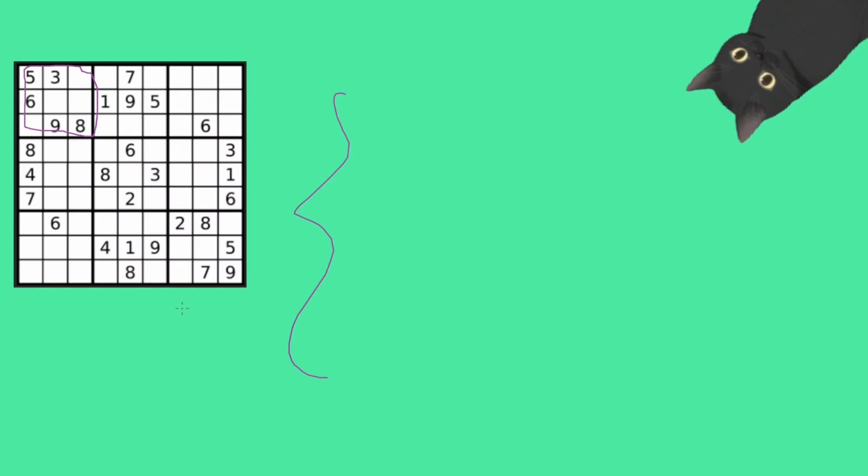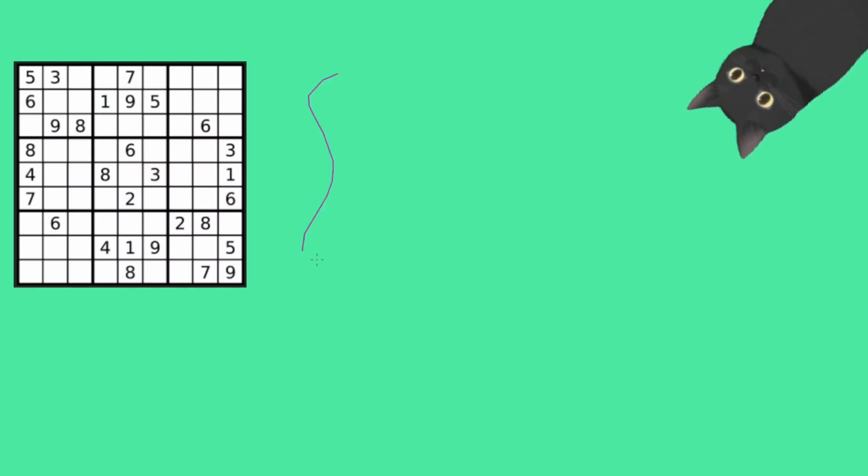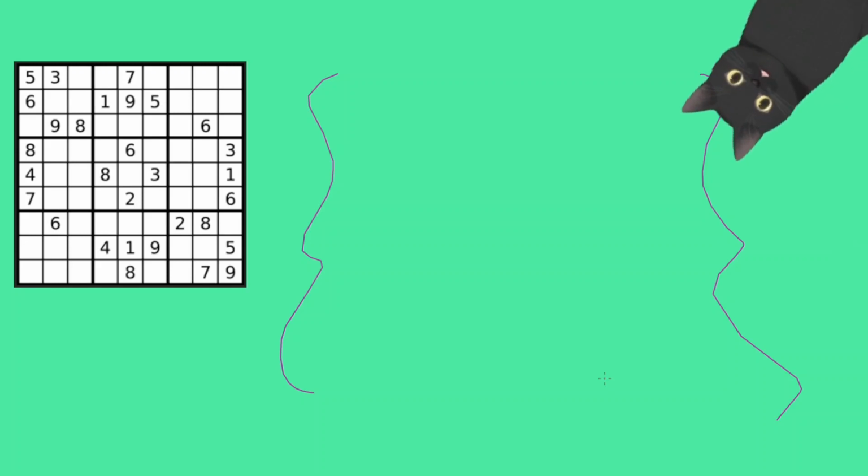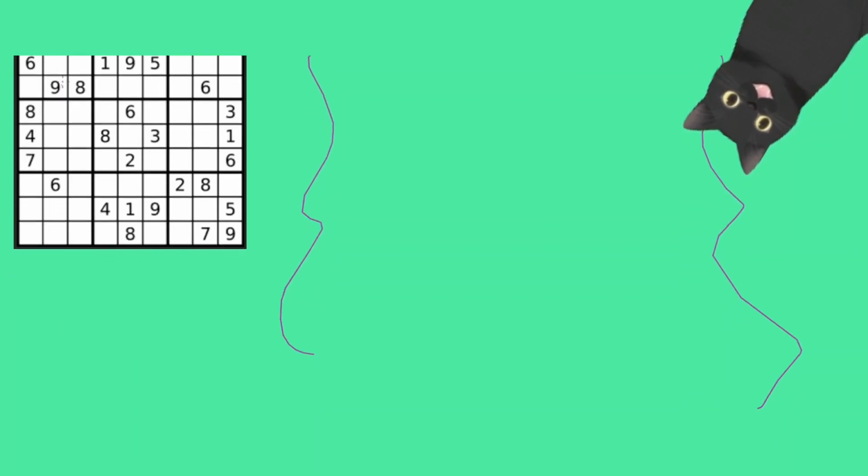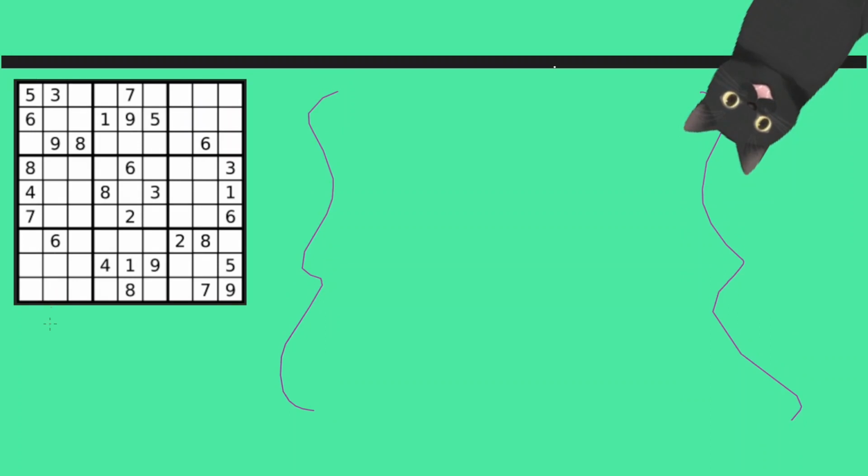Now, if I were to divide the indexes by 3, for example, this grid here is 0, 1, 2, and this grid here is 0, 1, 2, right?